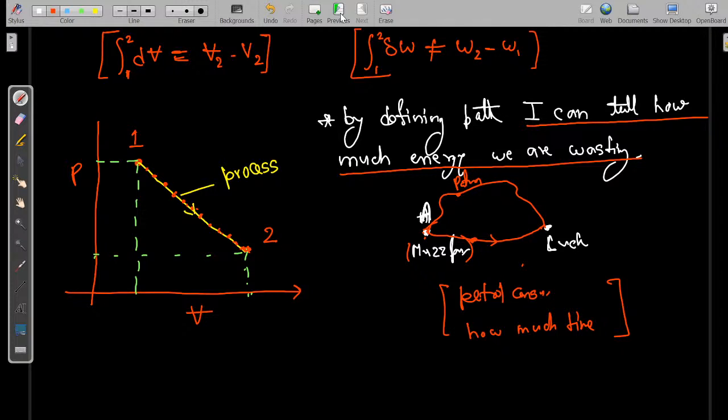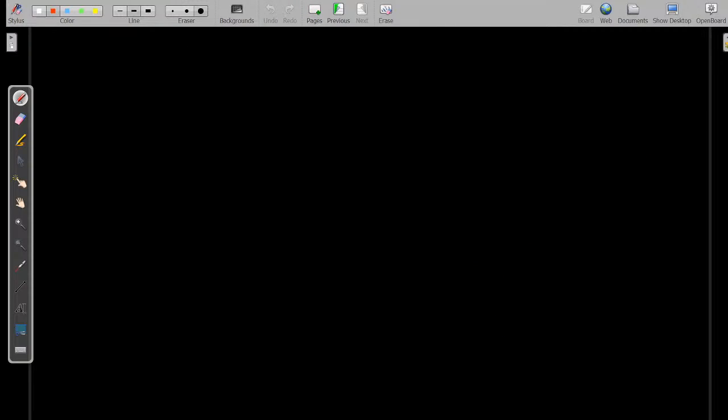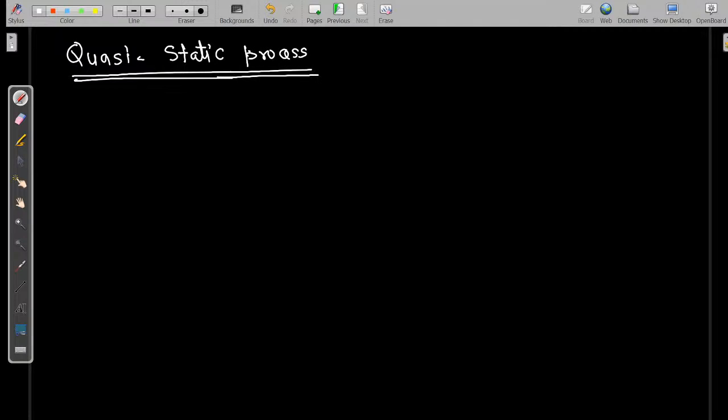Okay, so for defining the process path, we define a process that is called quasi static process.